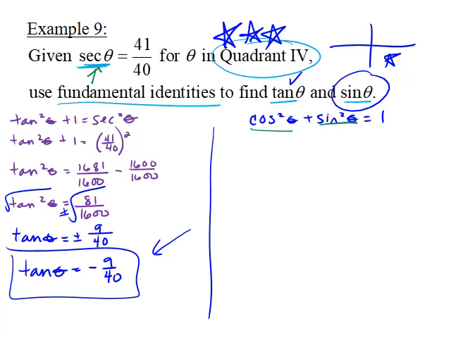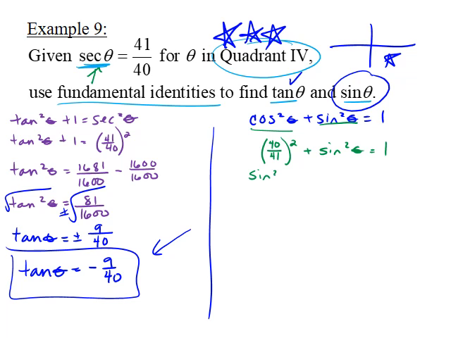So this is my best approach here. So with this being said, I'm going to take the reciprocal of the given information to get cosine, square it. This plus sine squared of theta is equal to 1. So I'm going to subtract that from both sides.